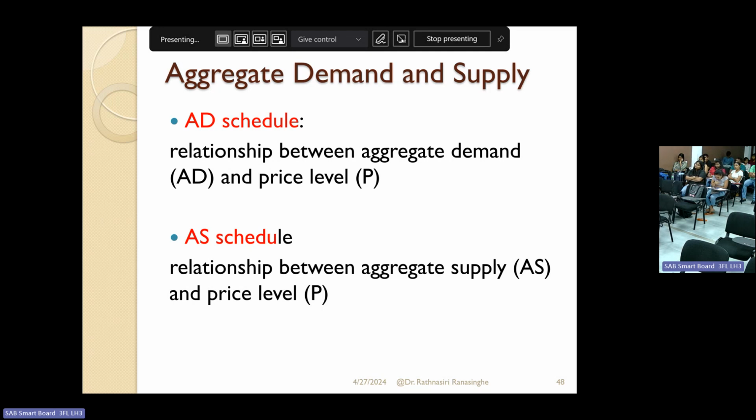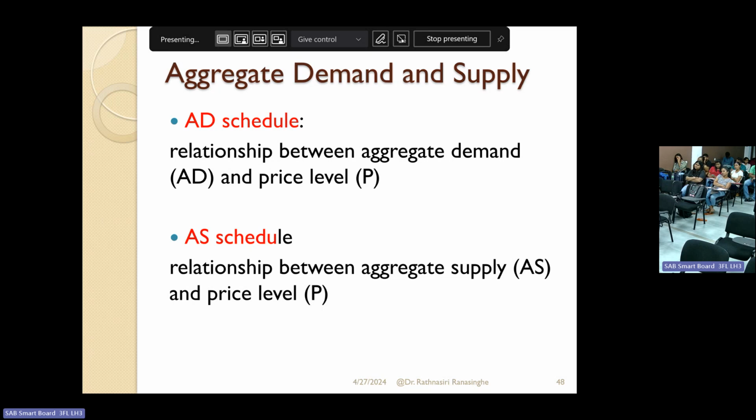Aggregate demand and aggregate supply determine the price level, as we discussed in demand and supply for a particular product.